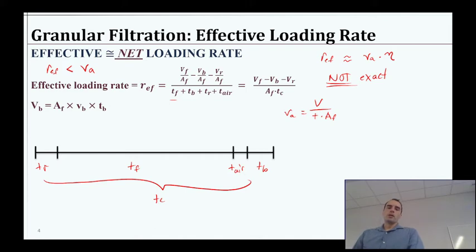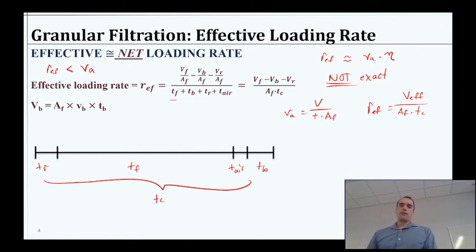And so instead of V over A, we have the effective loading rate, R_EF, that effective volume. We'll just say volume effective over area of the filter times the total cycle time, right?